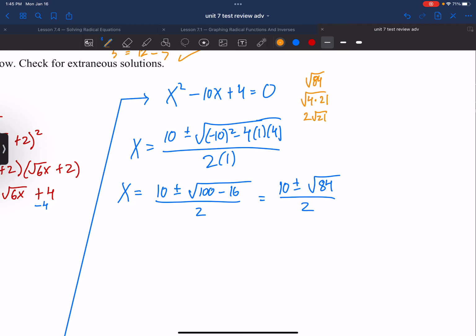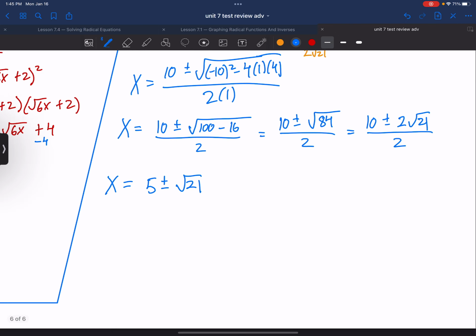And 21 is 7 times 3, which are both prime numbers, so I can't reduce that any further. So this is 10 plus or minus 2 root 21 over 2, meaning x equals 5 plus or minus root 21. And I do that by dividing that by 2.